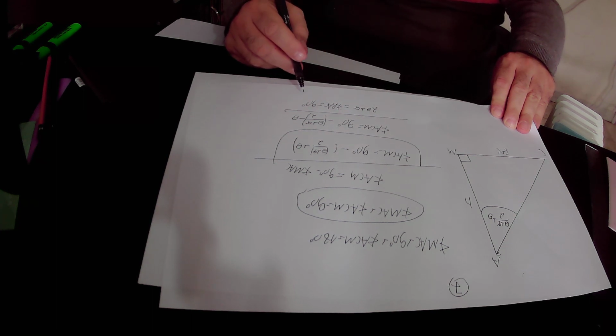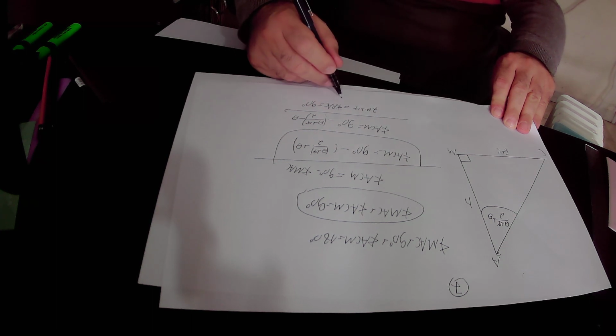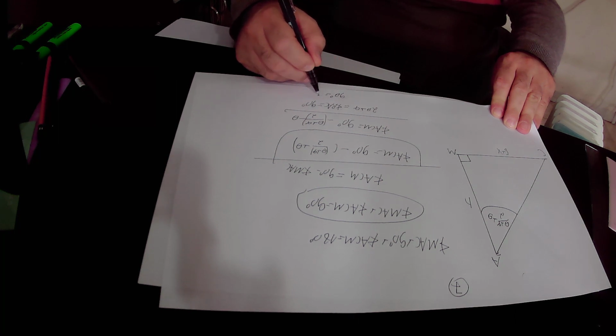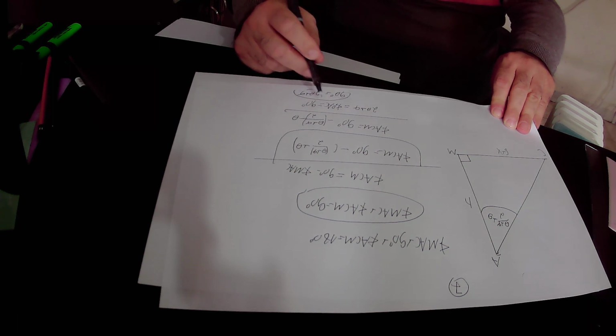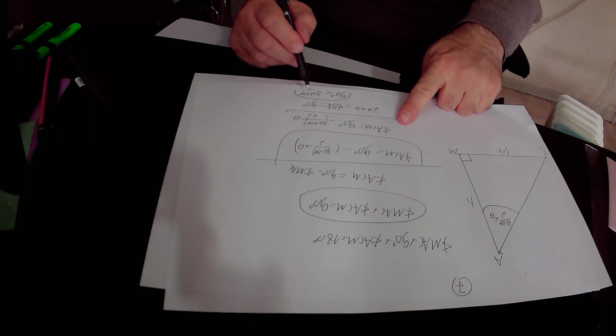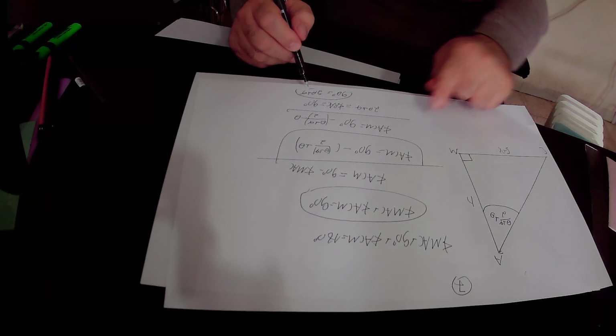From this equation we'll conclude that 90 degrees equals 2 theta plus alpha. That is to say, we can substitute 90 degrees in this equation by 2 theta plus alpha.